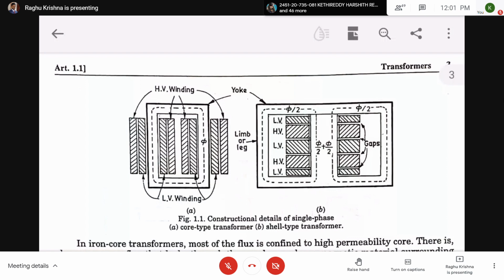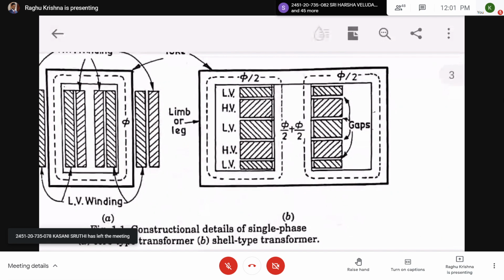In figure B, in shell type also, you can see the LV winding is kept adjacent to the core. After the LV winding, the HV winding. Between LV and HV there will be insulation, and between LV and core you have insulation.